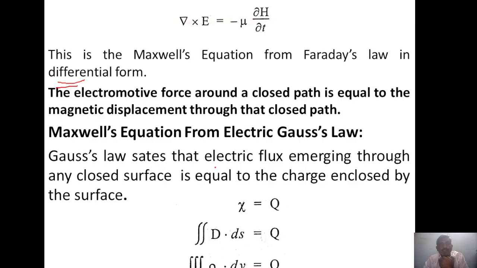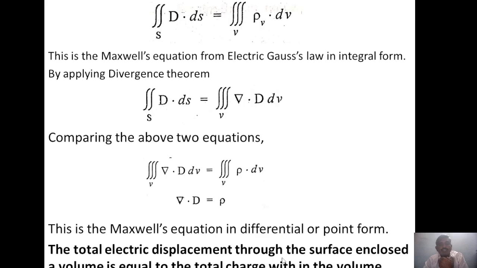Third one, electric Gauss law. Gauss law we know: the total flux emerging through any closed surface is equal to the total charge enclosed by the surface. So the total flux emerging, you can write, is D dot ds equal to Q. Again, the triple integral of rho v into dv is equal to Q. So you can write the surface integral of D dot ds equal to the volume integral of rho v into dv.